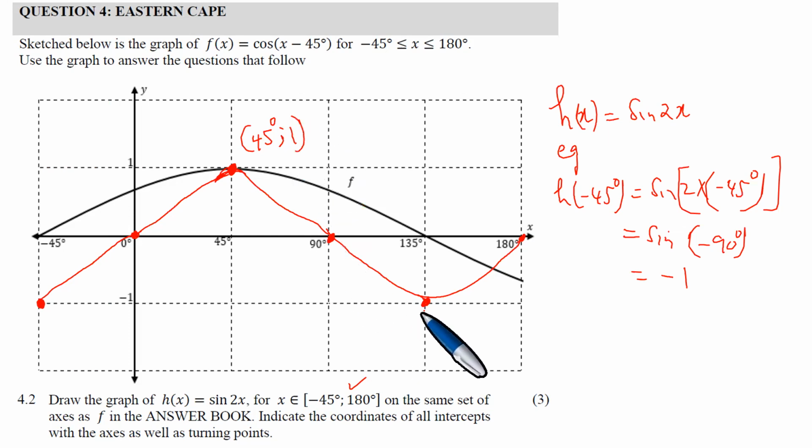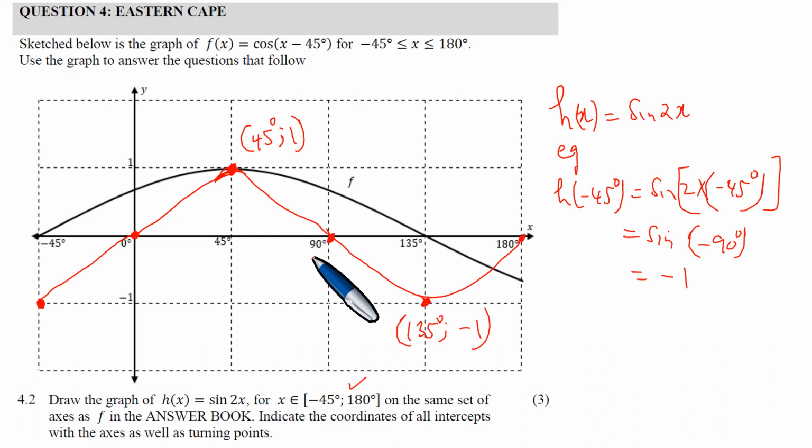This graph also has a turning point at 135 degrees, and the y value is minus 1. The x-intercepts of the graph are at 0 degrees, 90 degrees, and so on. We have drawn these, and here it is very easy. But as I said, tomorrow I'm going to look at how to use the Casio calculator to do this graph.